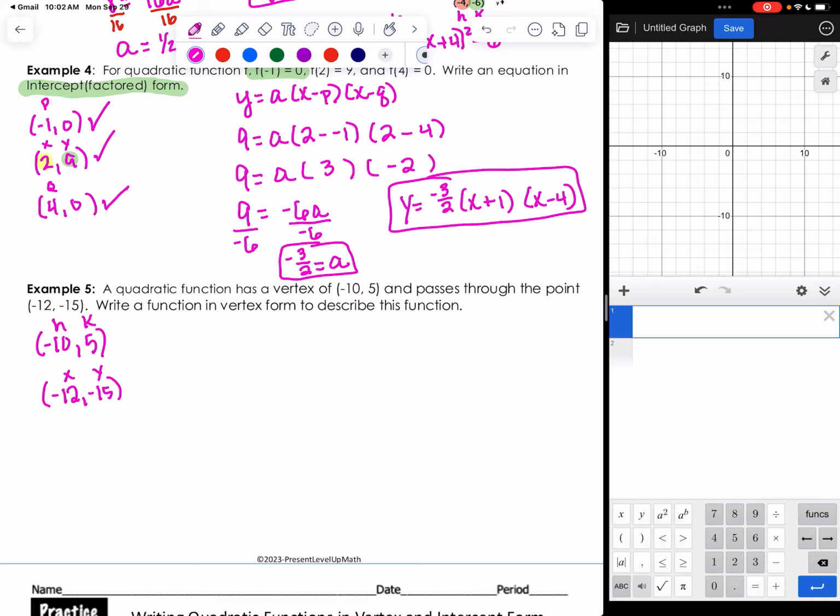So, let's write down vertex form first. y equals a times (x minus h) squared, plus k. Now we'll begin to plug in all of our given information. We know the value of y is -15. We do not know the value of a. We know the value of x is -12.